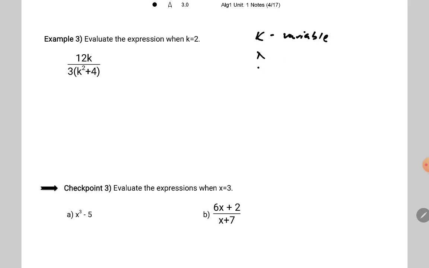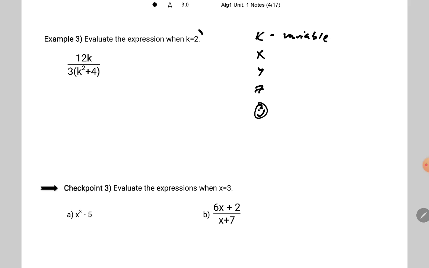It could be x, y. In this book, you'll mostly see x, y, and z, but it could be even a smiley face. That could be a variable, and a variable means the number can change. We can decide whatever number it can be, depending on the problem.